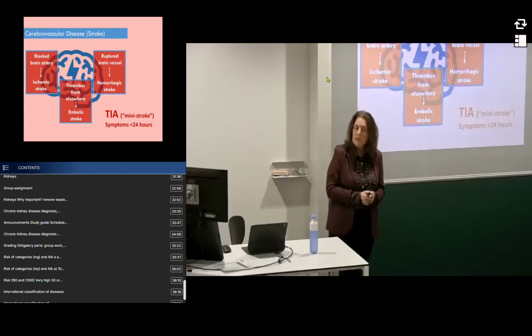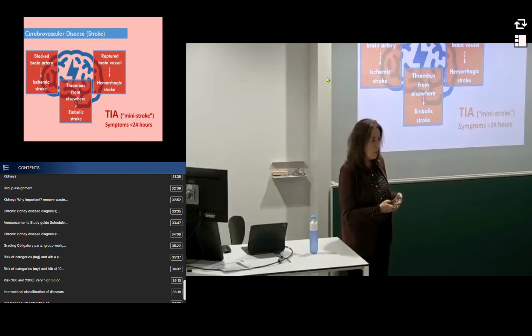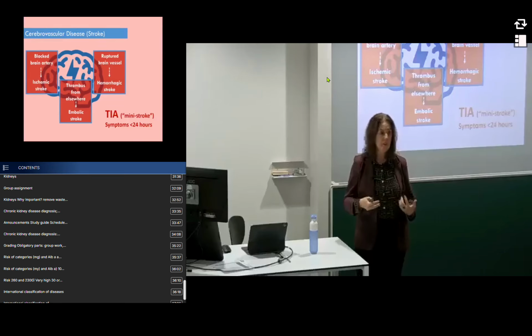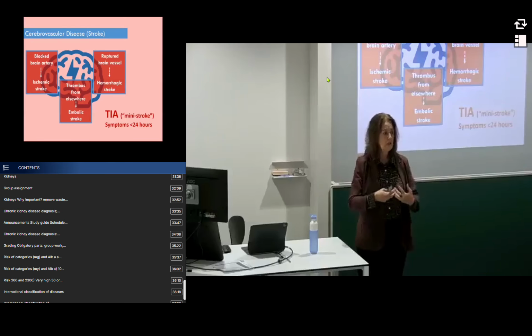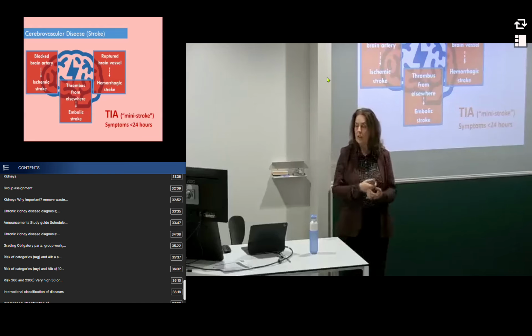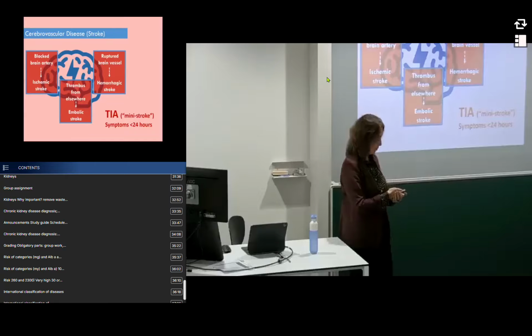Okay, so when we talk about stroke, there's also a synonym for that, which is cerebrovascular disease or cerebrovascular accident. That's also used, CVA. So CVA, stroke, CVD are synonyms, and there are different types of them.